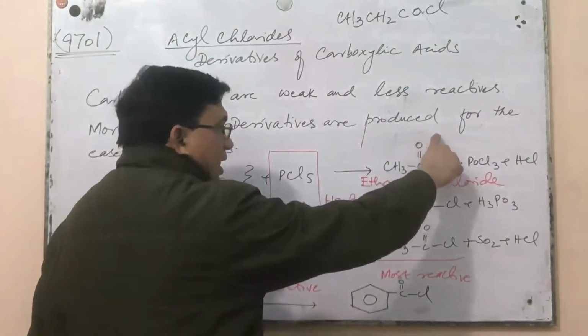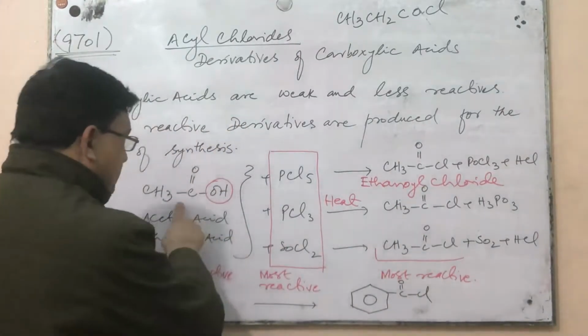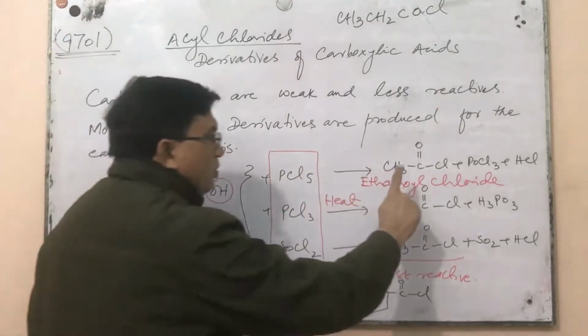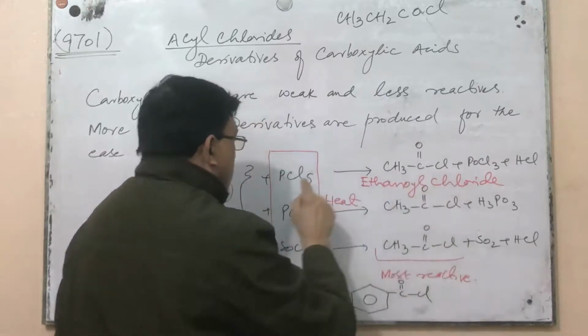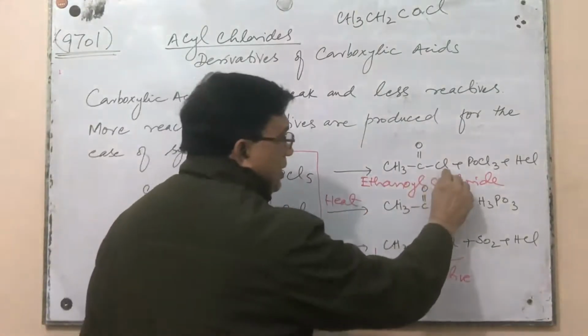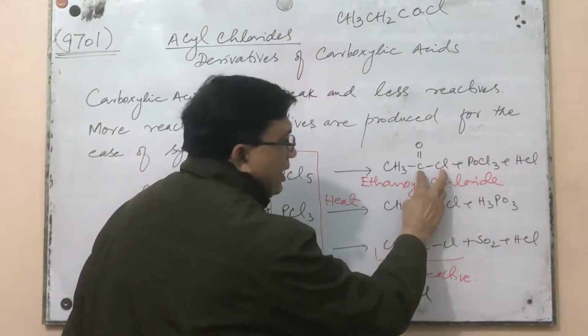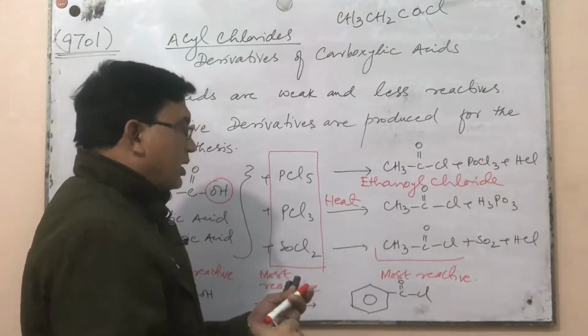Now, ethanoyl chloride is much more reactive as compared to the carboxylic acid, because due to the replacement of the hydroxide group by the halogen atom, the electronegativity difference between carbon and chlorine is much more.